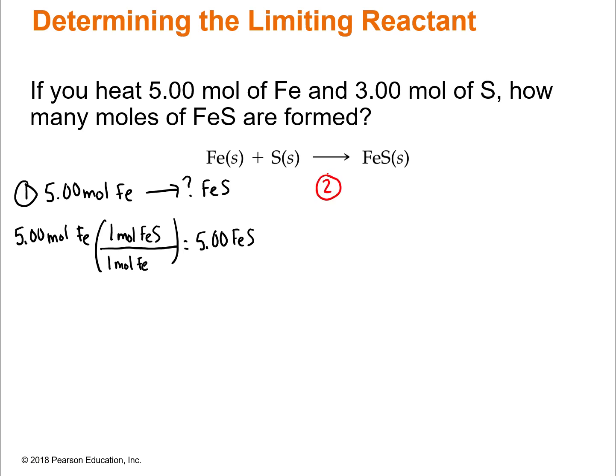But we can't ignore the sulfur. We're told about the sulfur too. If we had 3 moles of sulfur and all the iron in the world, how many moles of iron 2 sulfide would we make? Same deal. You use a mole-mole ratio, and it's 1:1 as well.